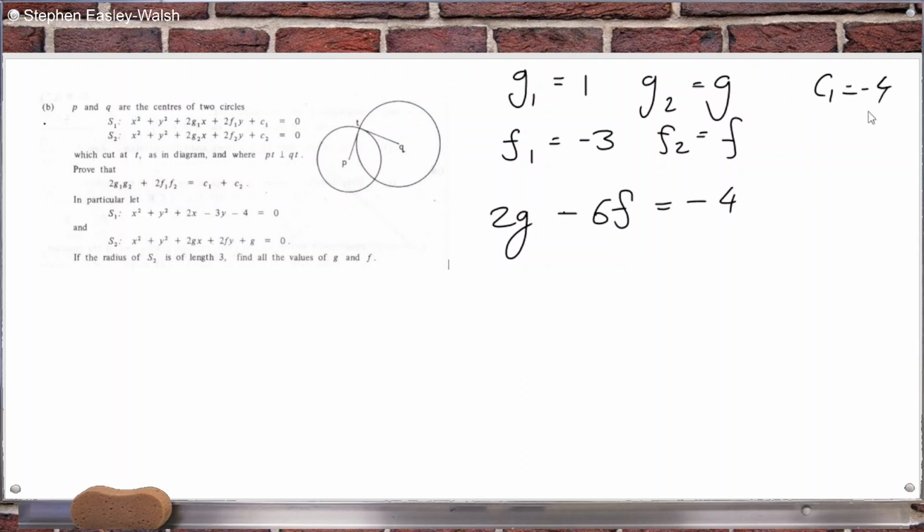C1 is minus 4 and C2 is G, so minus 4 plus G.